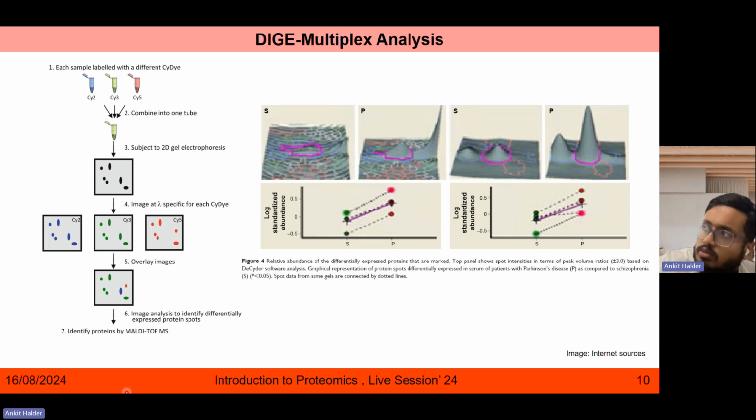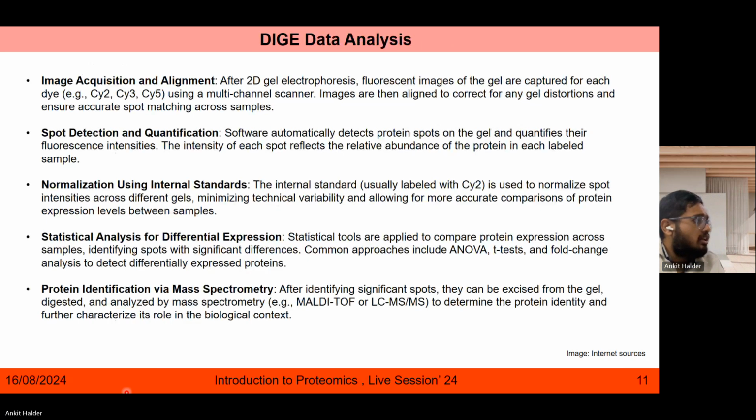The intensity is correlated with the expression level, and once we are sure of the expression level, we will know which particular proteins are differentially regulated, and we take those forward for further analysis and characterization. So how is this data analysis done, let us talk a little bit.